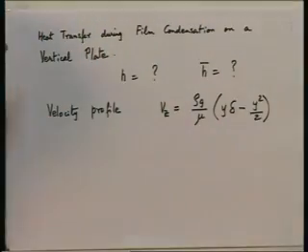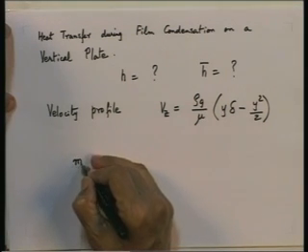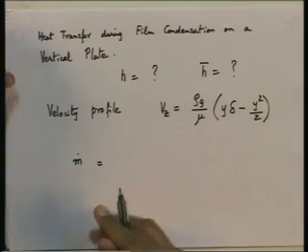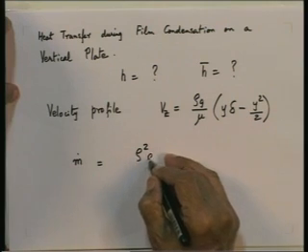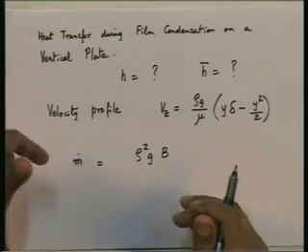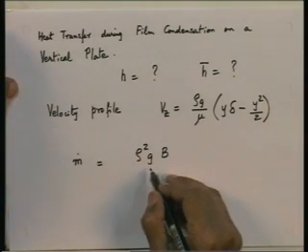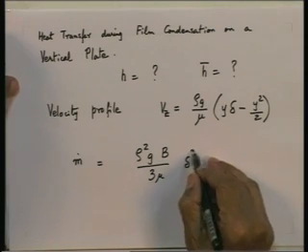Then we had calculated the mass flow rate through the liquid film with the help of this velocity profile, and for that we had an expression: m dot is equal to rho squared g, b is the width of the plate in a direction at right angles to the paper, divided by 3 mu, delta cubed.